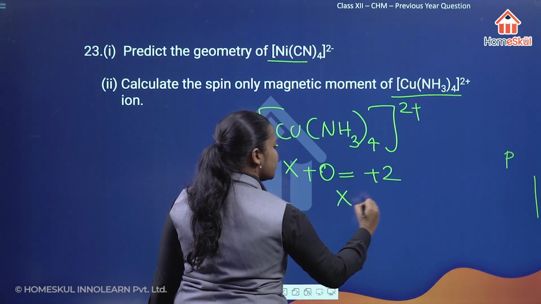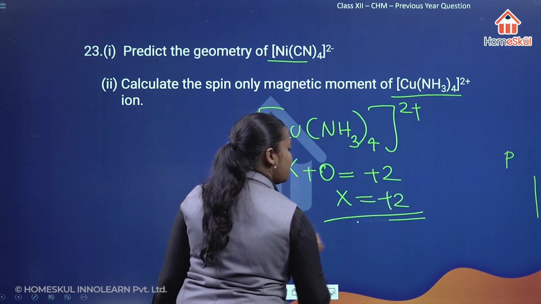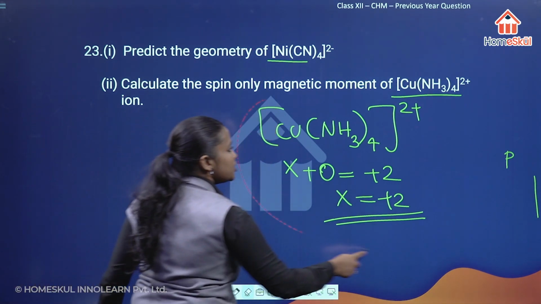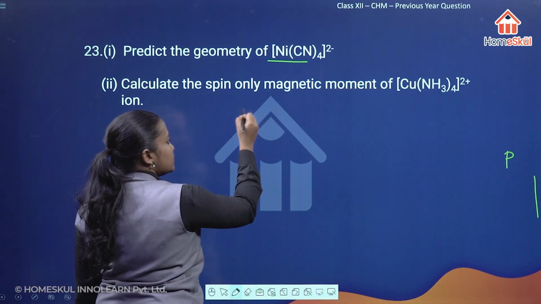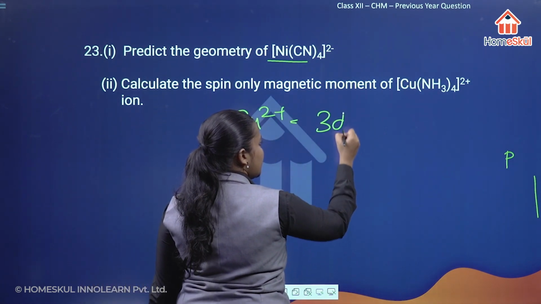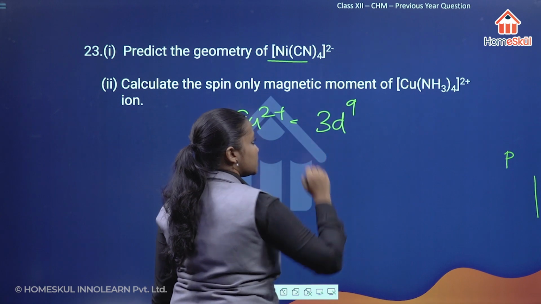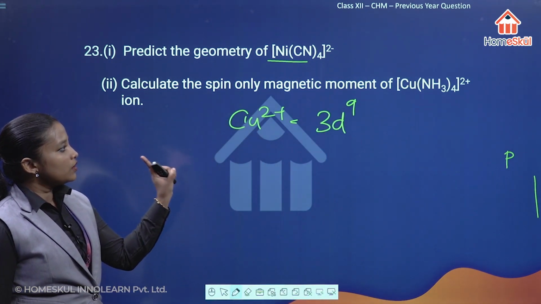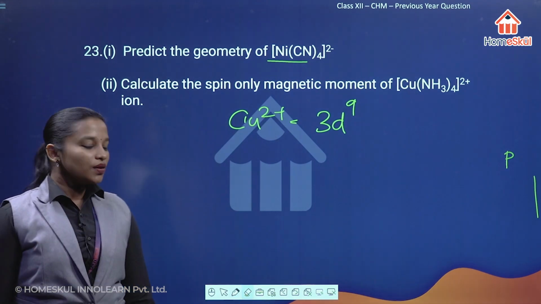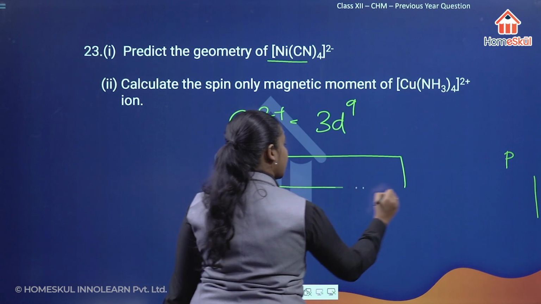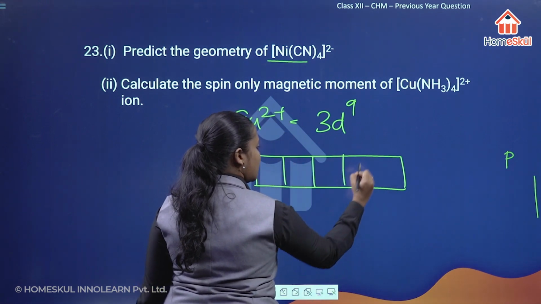That is X is equal to plus 2. Okay, so the electronic configuration of Cu2 plus will be what? 3d9. Okay, this is the electronic configuration of Cu2 plus ion. Okay, so let's draw the electronic configuration here. 1, 2, 3, 4, 5.